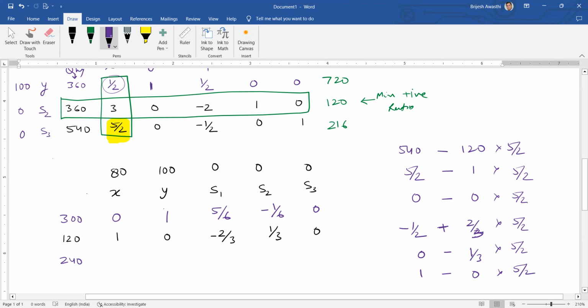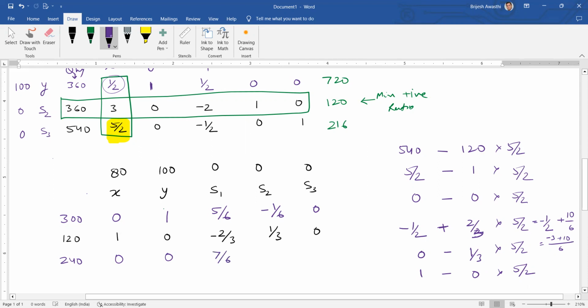So it becomes 240. Then it becomes what? 0. If I'm talking about this, the value is what? Minus half plus 10 by 6. Right. 6 is the LCM. So minus 3 plus 10, can we say 7 by 6? 7 by 6. Yeah.